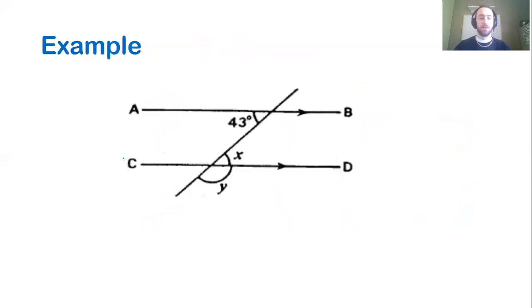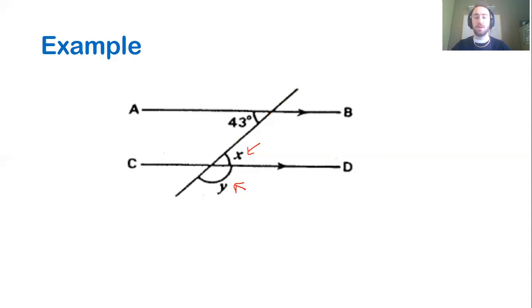In this example, we're looking for angle X and also angle Y. Now we have our 7 rules that we talked about previously, but we have 2 new rules, and those 2 new rules rely on parallel lines and transversals. It looks like we have a set of parallel lines. AB is parallel to line CD. Great. And we also have a transversal cutting through the parallel lines.